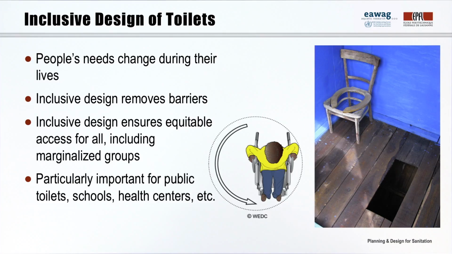An example of inclusive design is the provision of ramps or the installation of handrails in toilets to ensure easy access. Inclusive design considerations are of particular importance for facilities at schools or health centers and for public toilets.